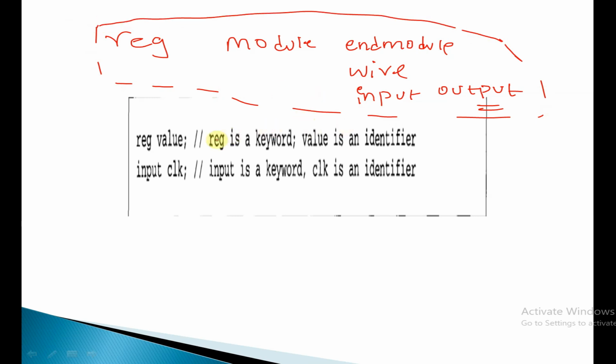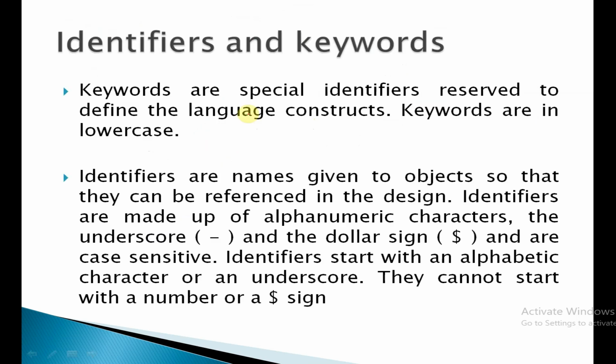These are special identifiers reserved to define the language constructs, and keywords are in lowercase, not uppercase, whereas identifiers are the names given to objects so that they can be referenced in the design.